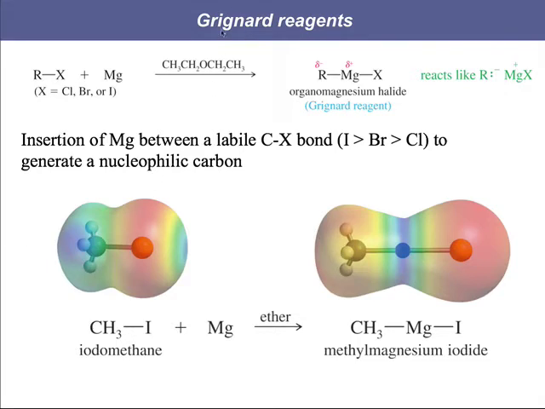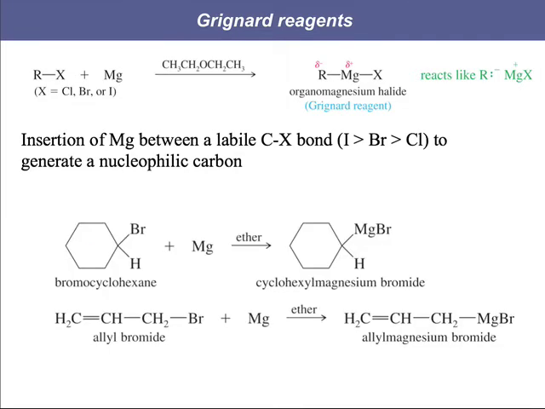These are called Grignard reagents. That's pronounced Grignard. These RMgX carbon nucleophiles are called Grignard reagents. Grignard reagents are super cool because you can make Grignards from just about any alkyl halide. They can be primary, secondary, tertiary, allylic, benzylic. It doesn't matter.